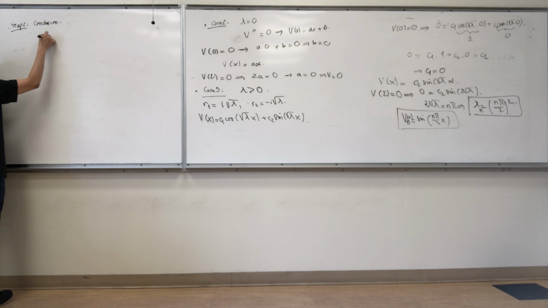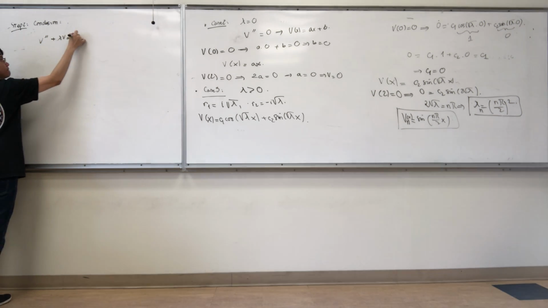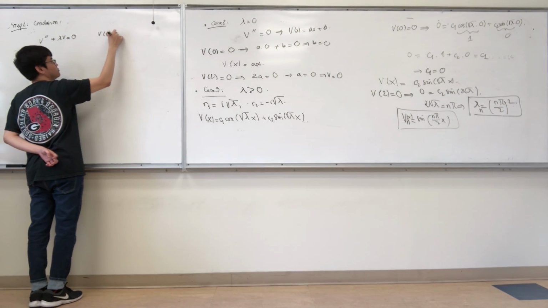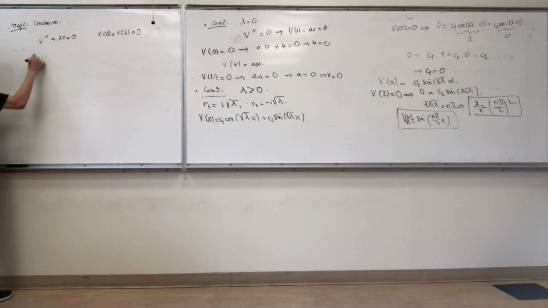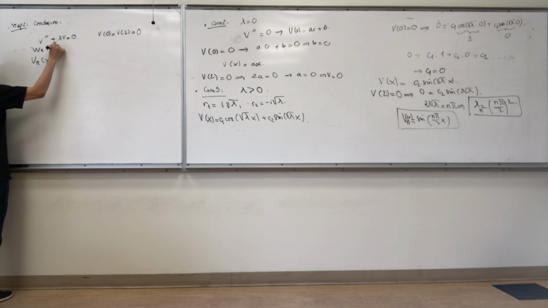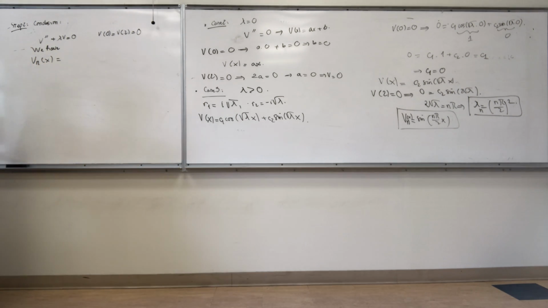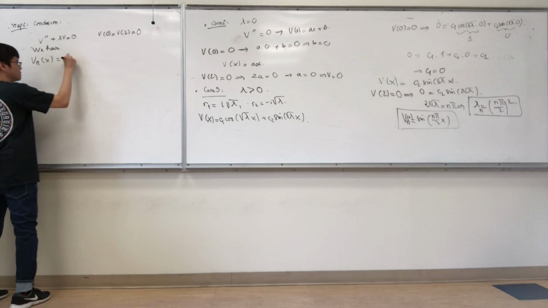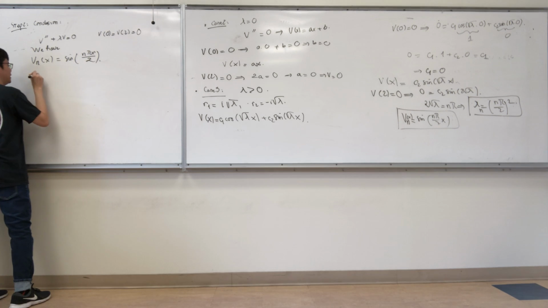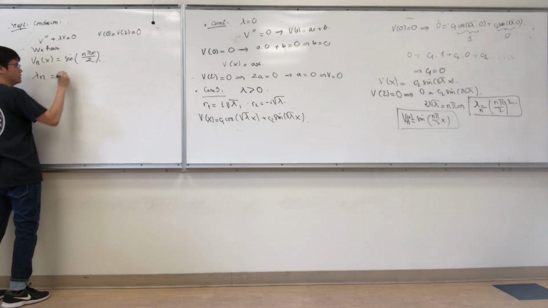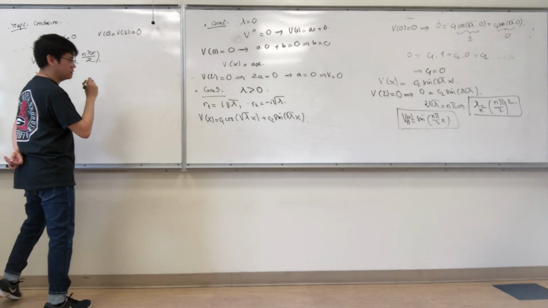So for this equation, v of 0 is v of 2 is 0. All right. So you have v n of x is sinus of n pi x over 2, and lambda n will be n pi over 2 squared.